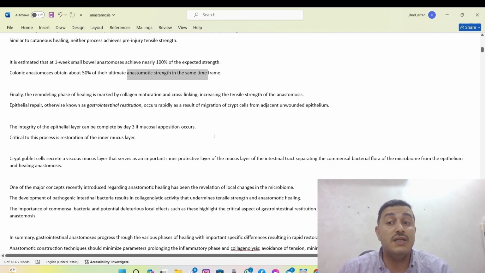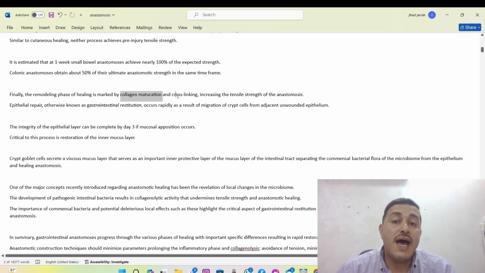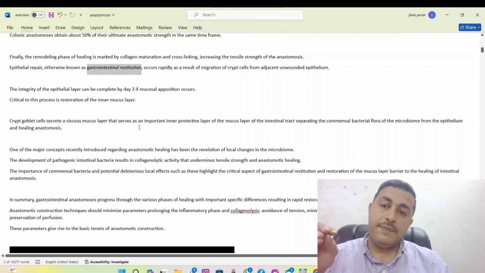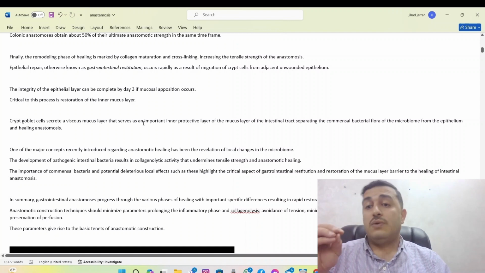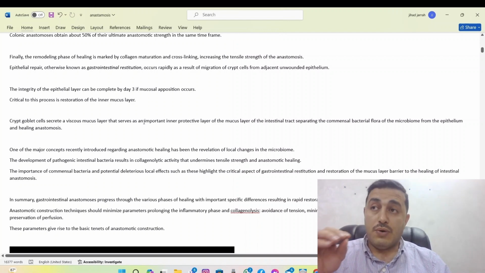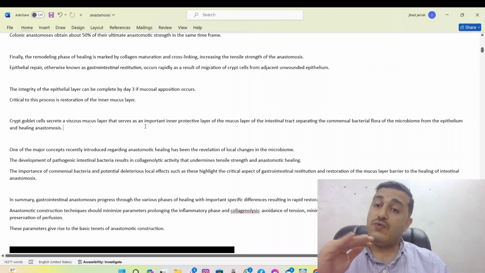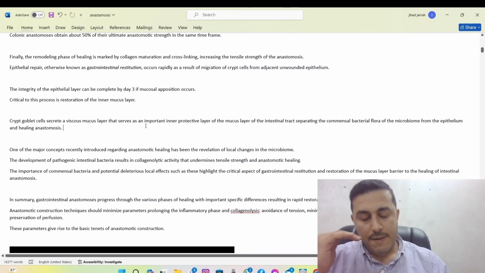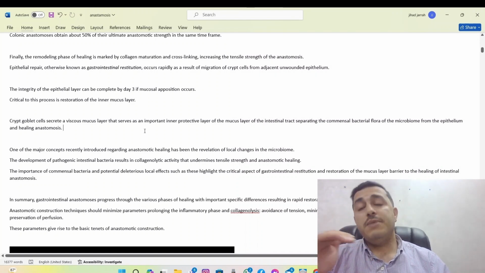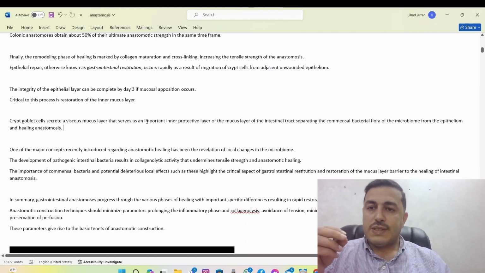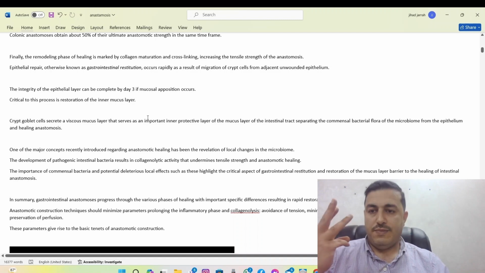Okay. What else? We finally have the remodeling phase. What happens in the remodeling? We know we have collagen maturation and cross-linking. We talked about the importance of the approximation of the serosal layer and the submucosal layer, and the mucosa. About the mucosa, we have to know 3 pieces of information.